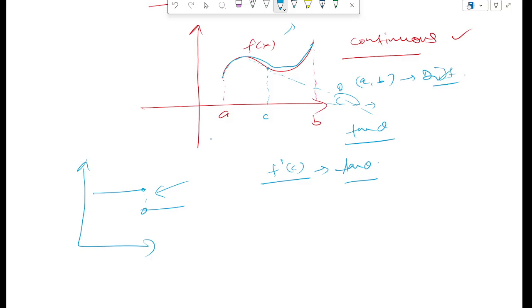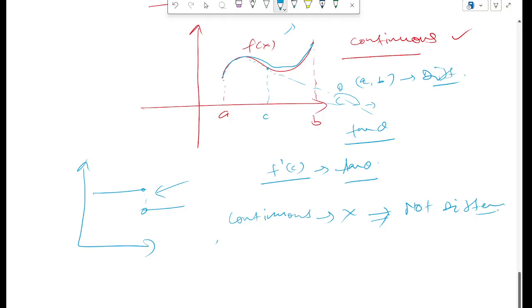If it is not continuous, then there is a breakage in the graph, and it is very far to think about differentiability. So if a graph is not continuous, then it won't be differentiable at that point.